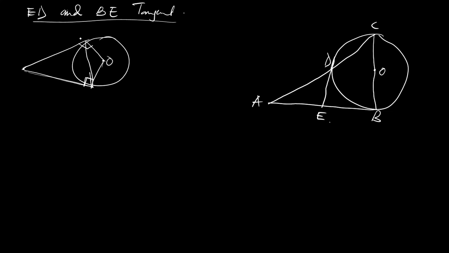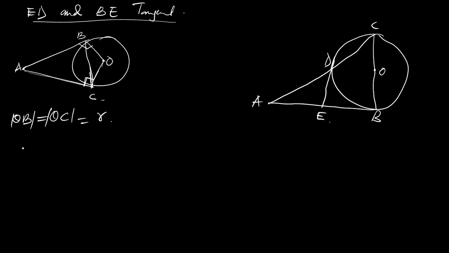Let's say this is O, and let me call these A, B, C. Now if you look at this critically, you notice that OB is equal to OC, which is the radius of the circle.